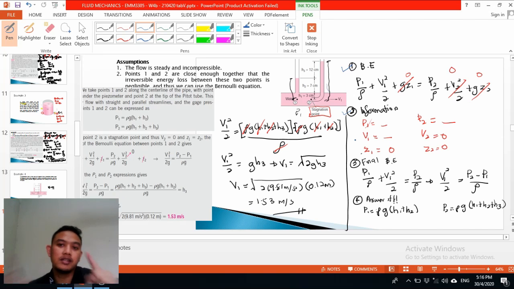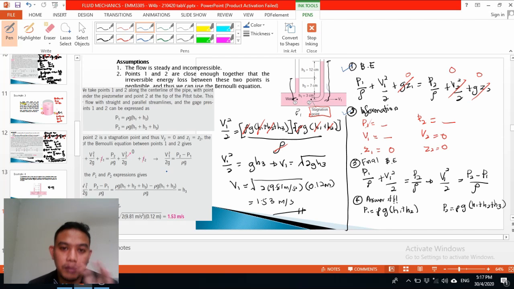If your Z1 and Z2 are at the same level, with no elevation, Z1 is equal to 0, same as Z2. If your P2 is open to atmosphere, it is equal to 0. If your V2 is a velocity of 0, a stagnation point for example, it is 0, and Z2, if there is no elevation, is also 0.